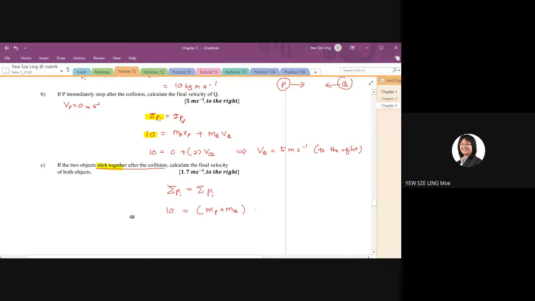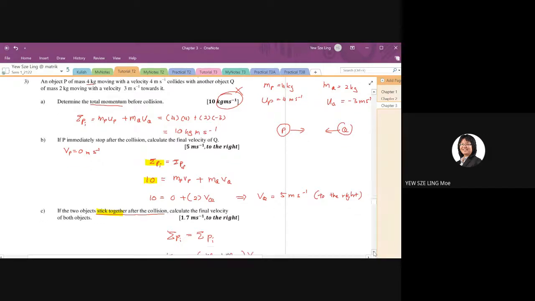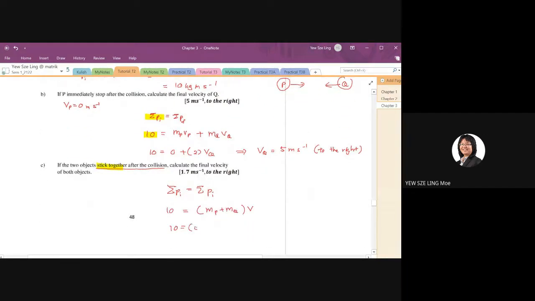Both of them are moving with the same velocity called V. So now you don't have VP, you don't have VQ. Remember, when they stick together, you have only one V. So 10 equals, first object is 4 kg, 4 plus 2, V. So V equals 1.7 m s^-1.